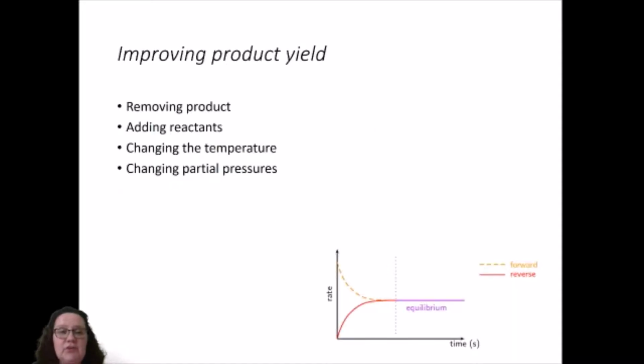We can use Le Chatelier's principle for reactions that are in equilibrium to improve the product yield, because although the reaction will go back to the equilibrium state, in the process of going back to the equilibrium state, it will hopefully, depending on the changes we introduce, produce more product.